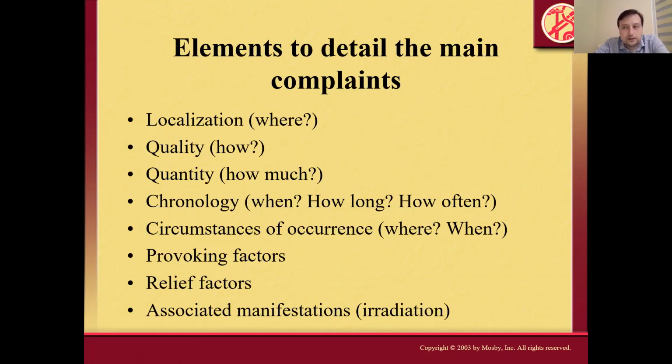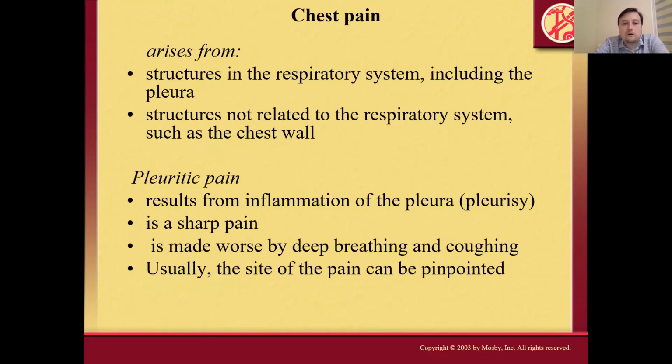The patient can have pain maybe in the chest, but he feels irradiation to some other parts of the body. So using these elements, you can detail any main complaints. And we start to talk about chest pain.